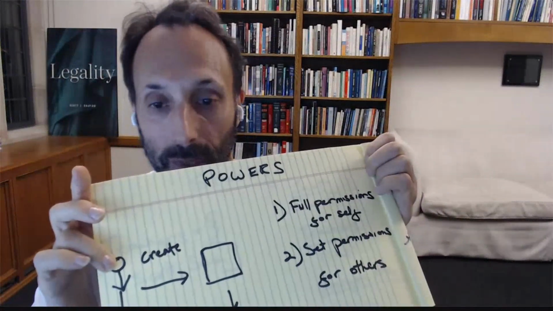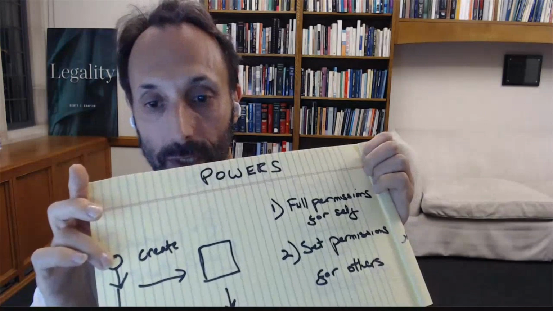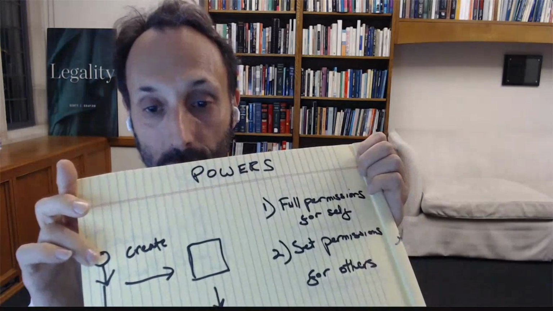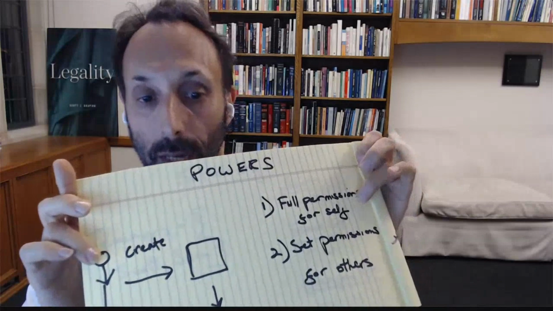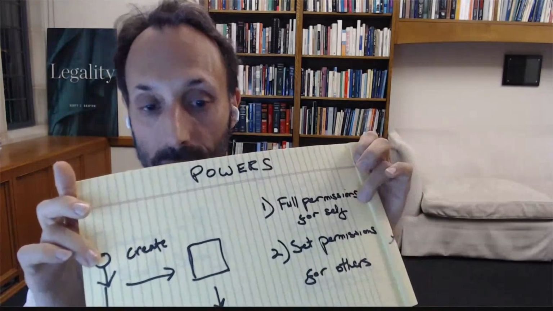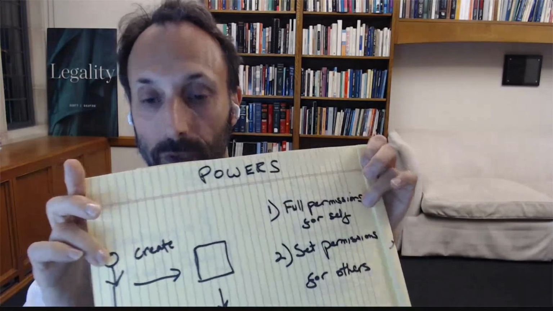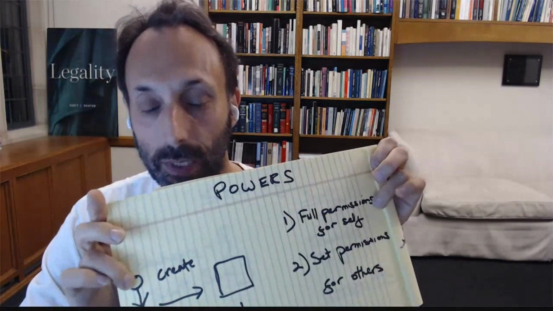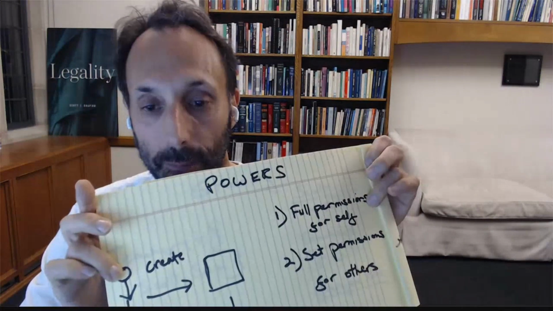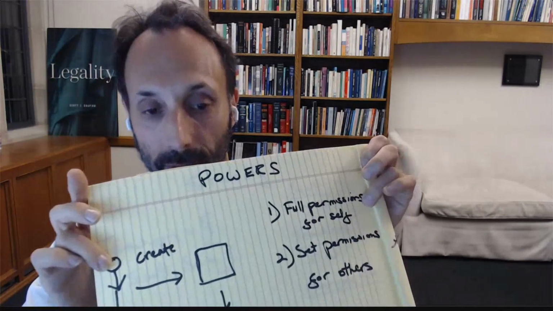You go out, you mix your labor with the object, you therefore own it, and you have certain permissions, rights, and powers associated with it. First, you'll have full permissions for that file, so generally you'll be able to read, write, or execute it. You can change that, but that'll basically be the default.